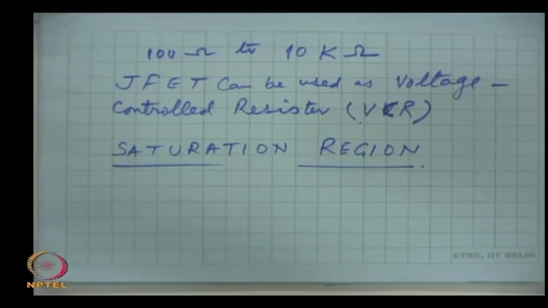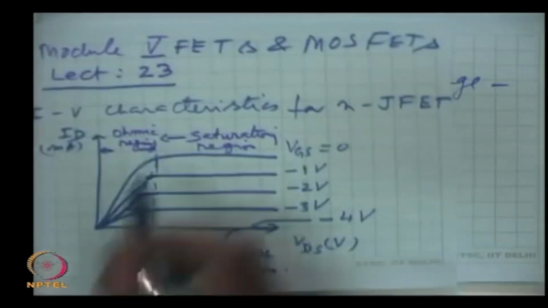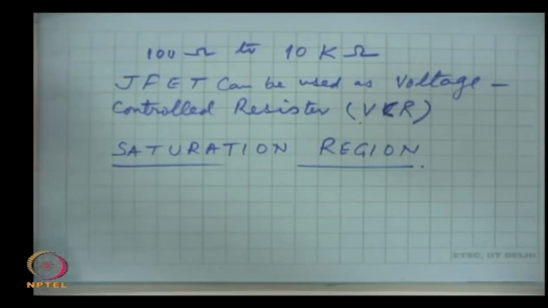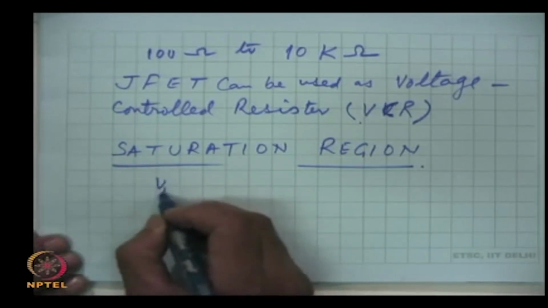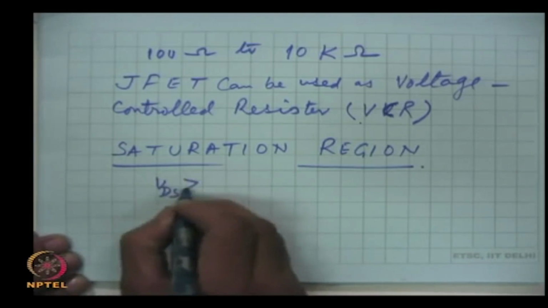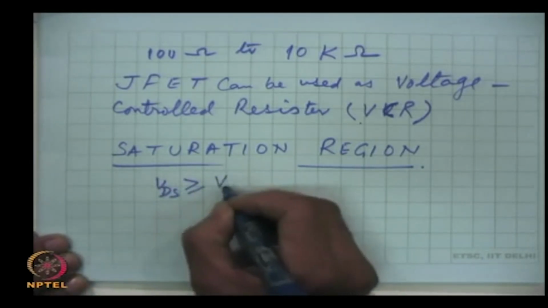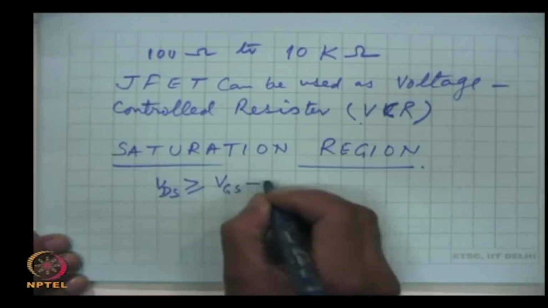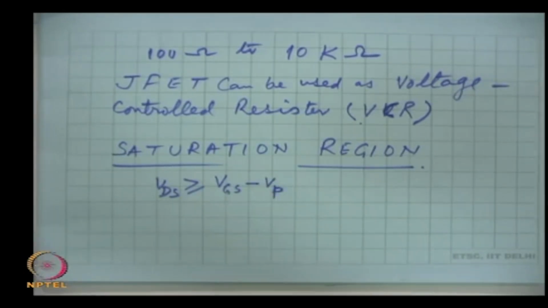In the saturation region, which starts from this point, the drain source voltage has to be higher than VGS minus the pinch off voltage.